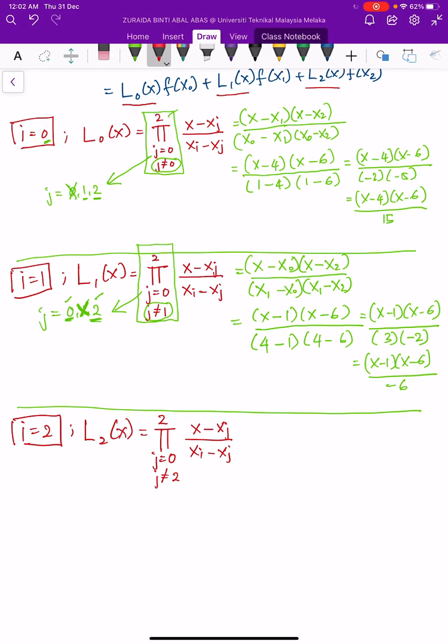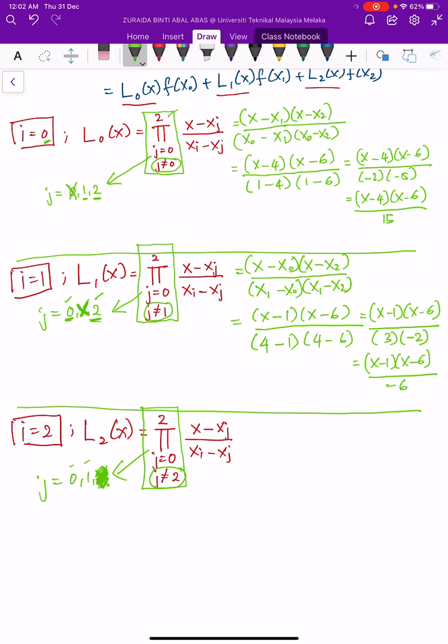Again, what this is all about is that our j takes the values 0, 1, and 2. And this time around, our j cannot be equal to 2, so we're going to cross this out. We're not going to find this value. So we only have j equal to 0 and 1.